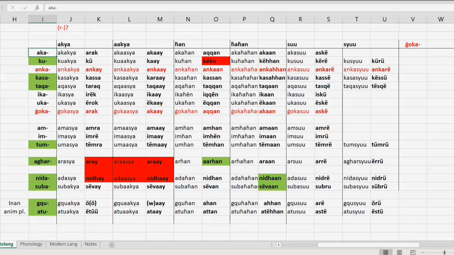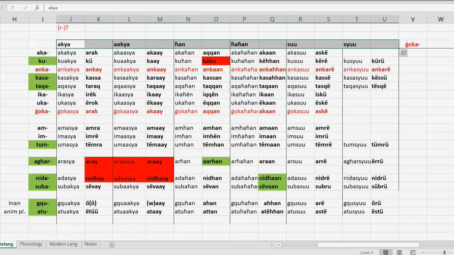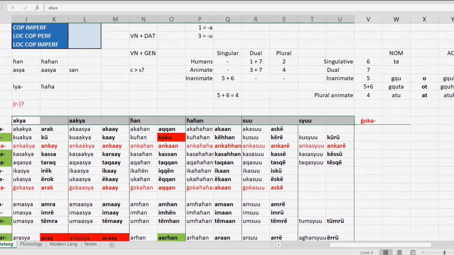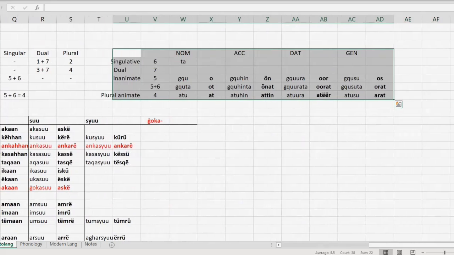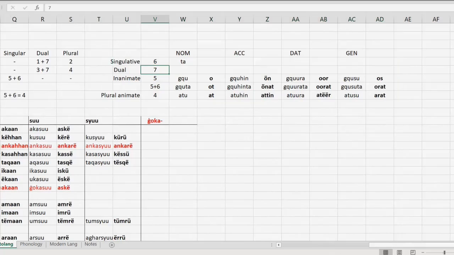So right now we have plenty of forms that go well with these auxiliaries, but I think the priority at this point is to find forms that work well with the case system as well, because we still need to settle on forms for the singular for the human and animate.